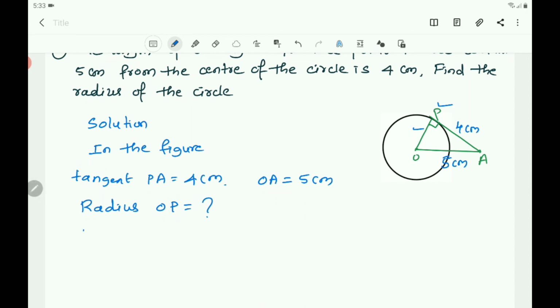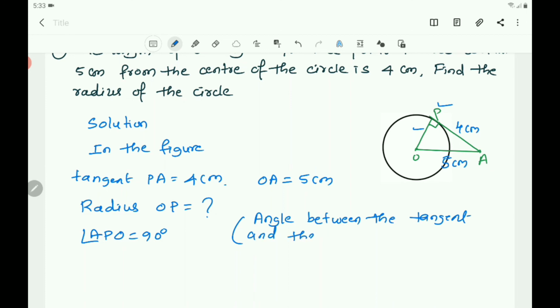So you take angle APO equals 90 degree because the angle between the tangent and the radius at the point of contact is 90 degree.